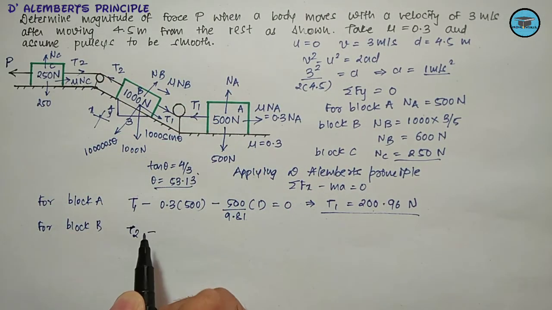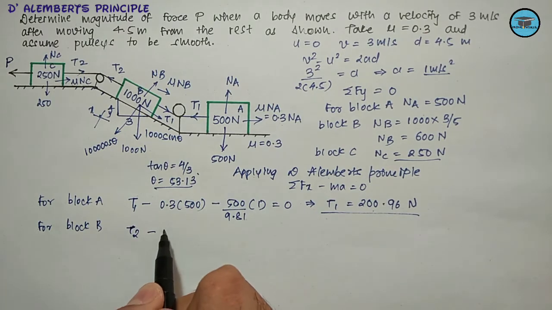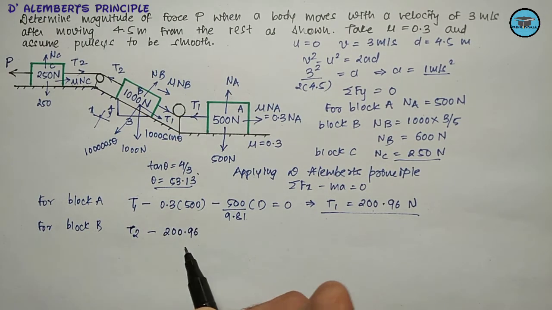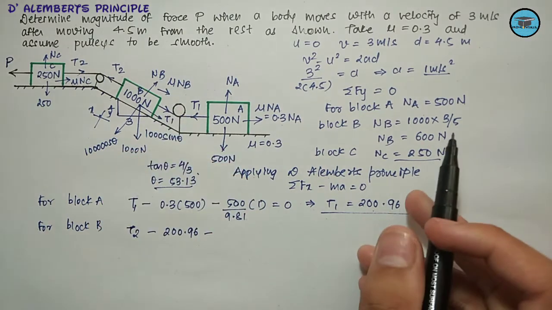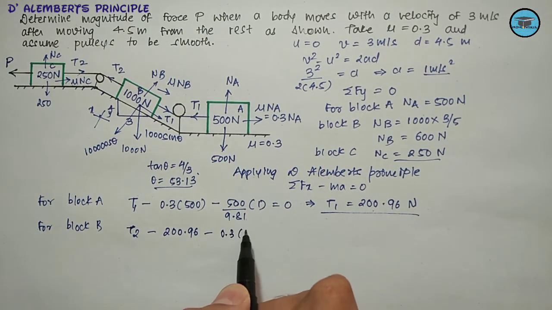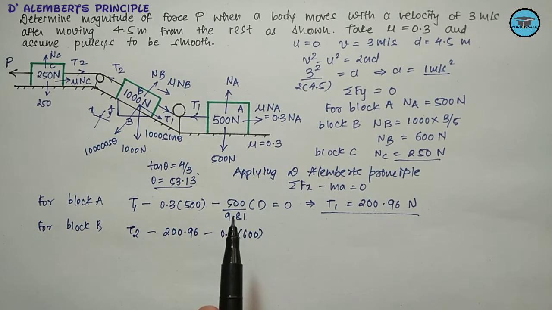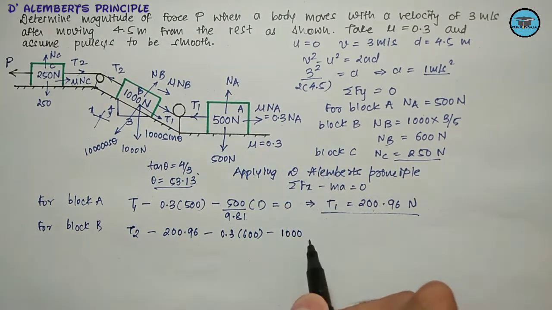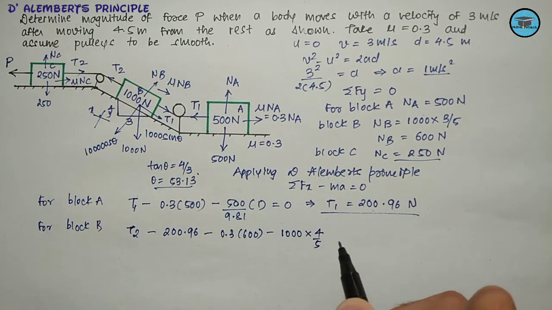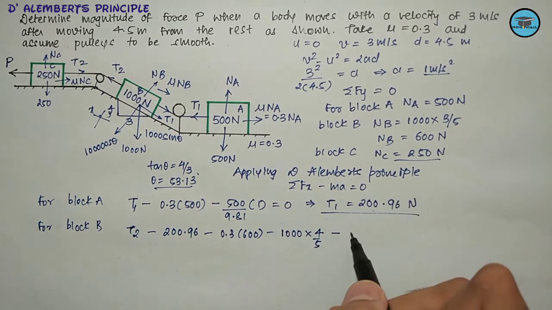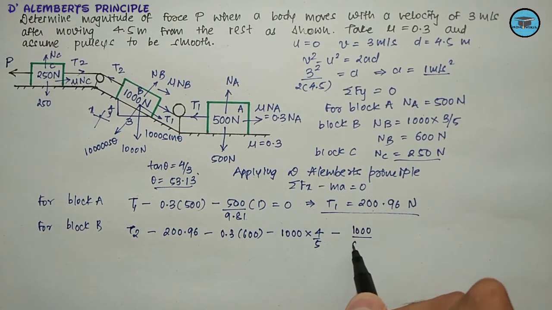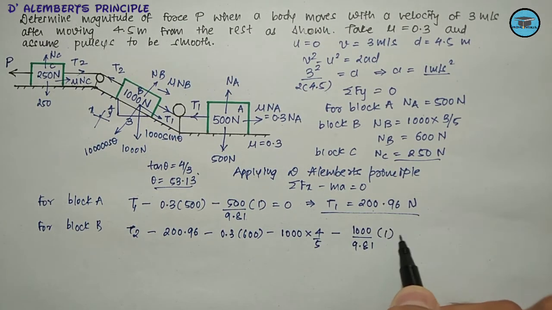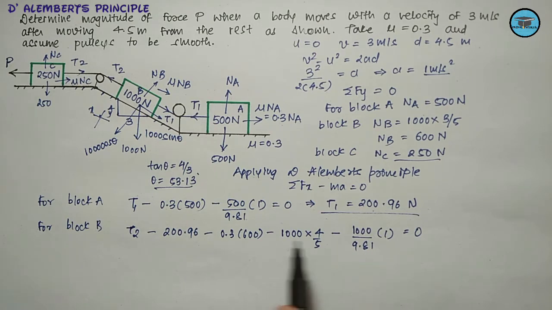T2 minus T1, which we obtained as 200.96, minus mu into NB, that is 0.3 into 600, minus 1000 sine theta, that is 4 by 5, minus mass into acceleration, that is 1000 divided by 9.81 into 1, equals 0.